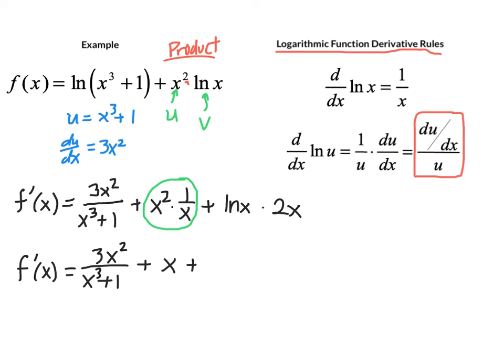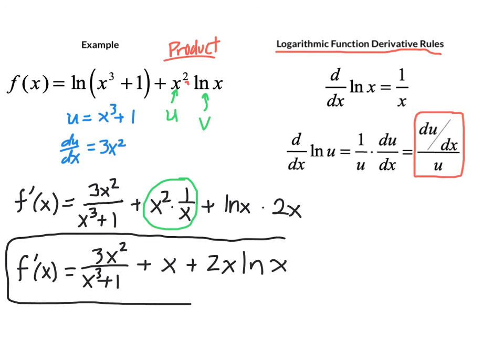So we're just going to reverse the order on those factors and write that as 2x times the natural log of x. So there we have it. We've got our derivative rule. And to get there, we had to use both the simple and the general versions of the log derivative rule. Keep an eye out for the product here. That's not uncommon when we start getting into log and exponential derivatives.